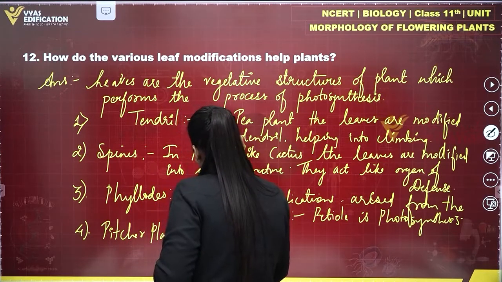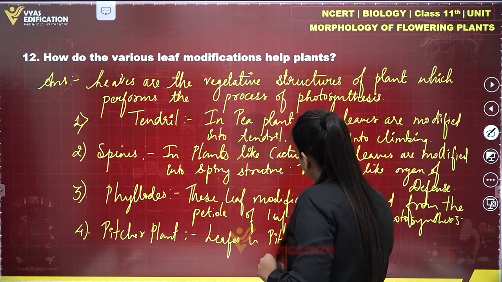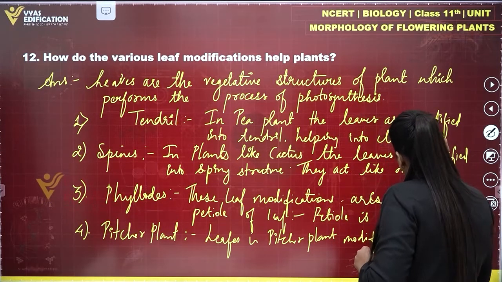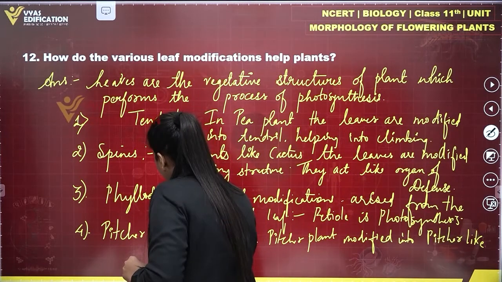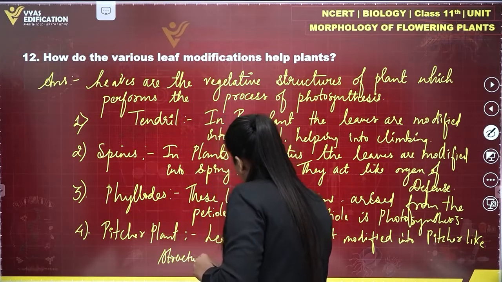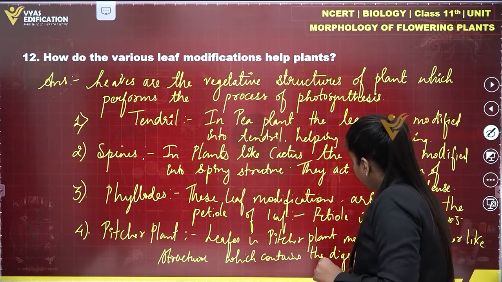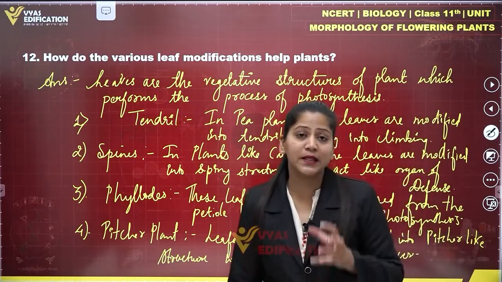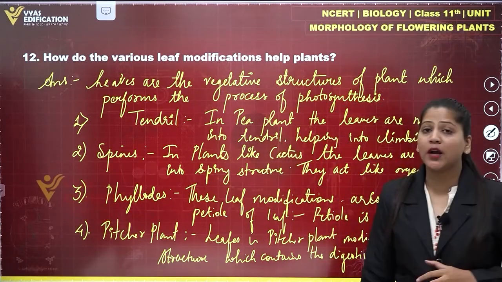So leaves in pitcher plant are modified into pitcher-like structures, which contain the digestive juices, which are helping these plants to capture insects and digest them. Alright, so these all are the modifications of leaves.